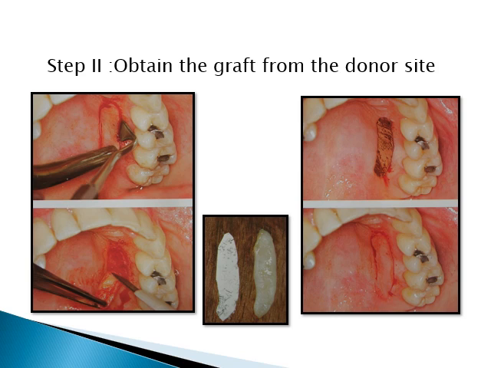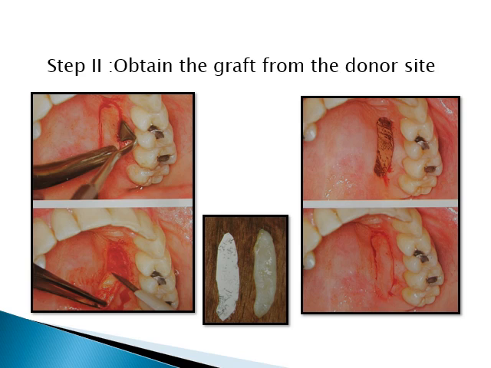Using the scalpel, make an outline for the graft, then undermine the graft and completely remove it. After removal, put it on the sterile tin foil.